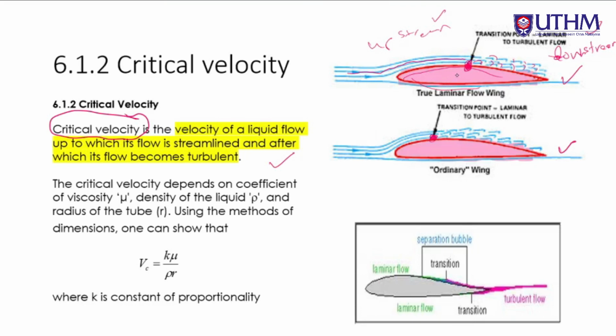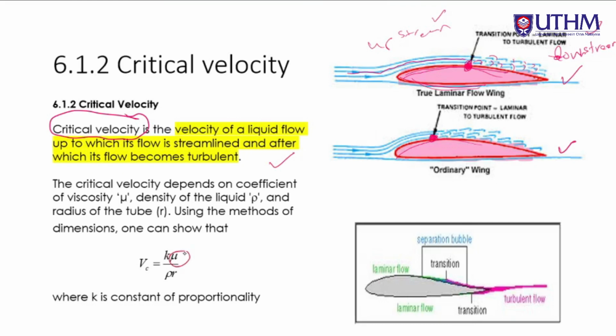So kalau the object is more aerodynamics, the position of the critical velocity or transition point from a laminar to turbulent flow is a bit downstream. Okay, it's further downstream as compared to this one. And so kalau kita tengok sini, dia shape dia lebih aero compared to this one. Okay, and the critical velocity depends on the coefficient of viscosity.